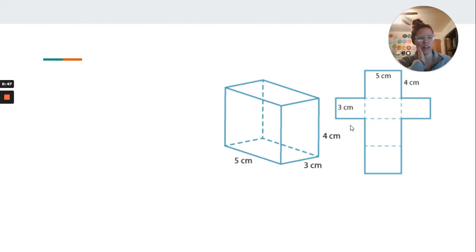So the way that you can do that, we have basically just a lot of rectangles here. So we could find what this one is and this one, which will be the same. So find what one of them is and multiply by 2. You could find each of these individually, or you could add up all their lengths here and multiply them times the one width.